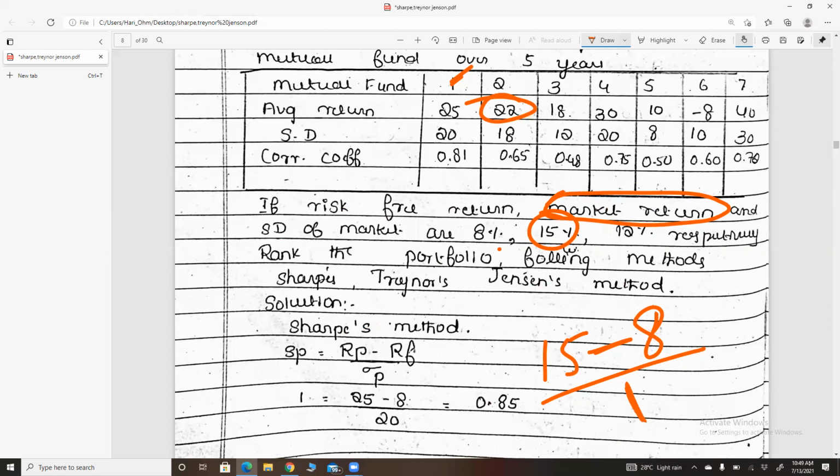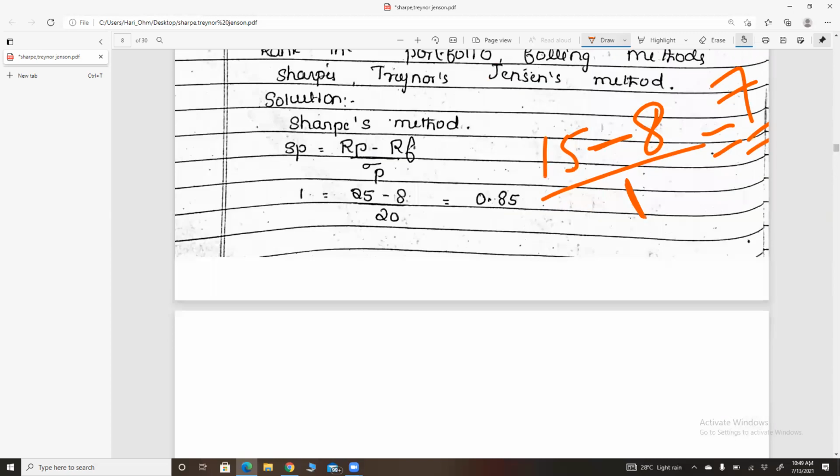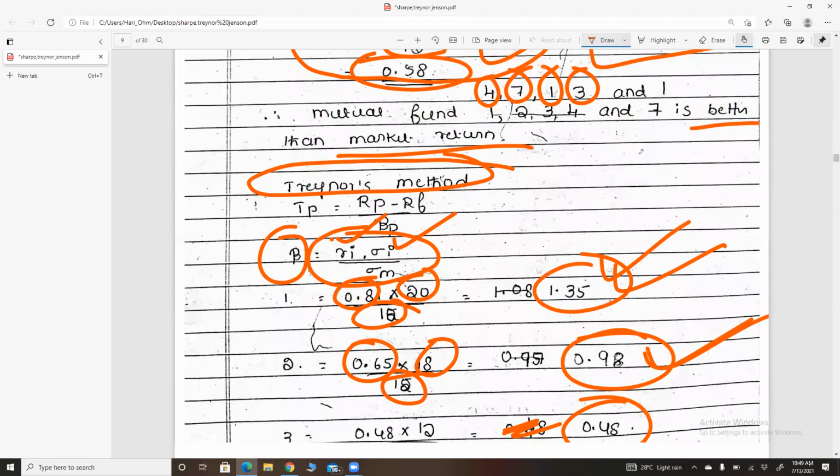Hope you're clear. So what is the answer? 15 minus 8 divided by 1, so 7 is the answer. So that is about Treynor's method.